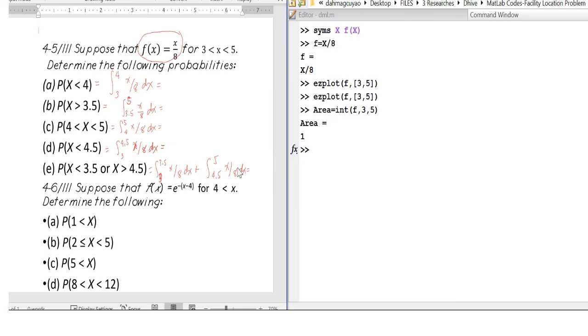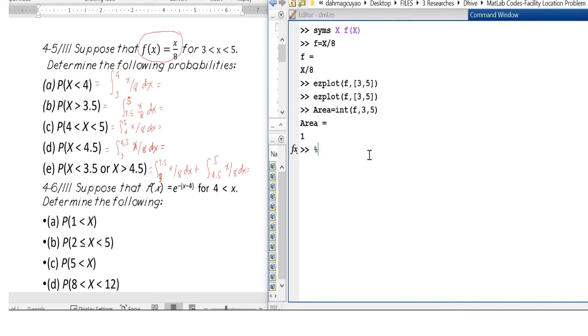Let's do some integration. So for A, the probability of x less than 4, that would be P of A equal to the integral of f from 3 to 4.